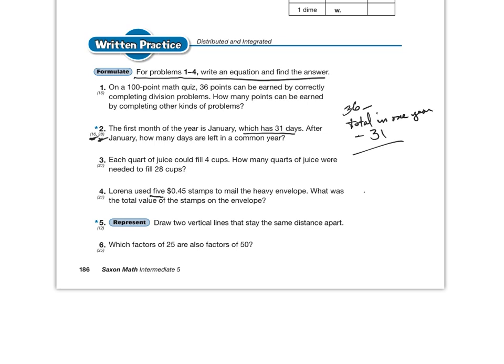So I'm going to take 5 and multiply it times 0.45. 5 times 5 is 25, and 5 times 4 is 20. Add the 2. Got 225, and then that's it. I'm done. But we remember there are 2 decimal places, so I need to bring it over 2. So my answer is $2.25.